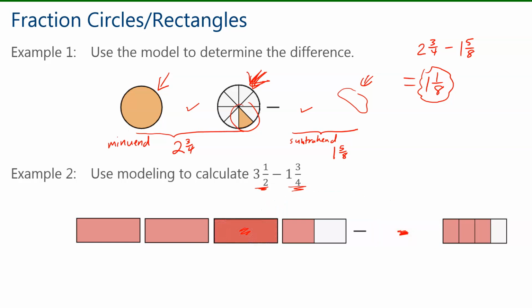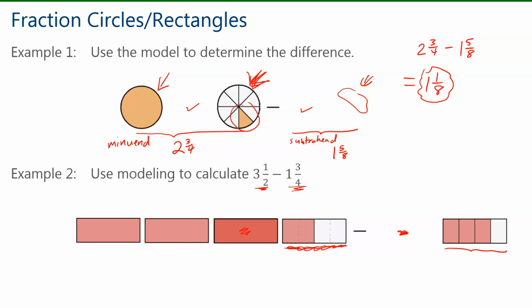Now we would probably want to think, well, what if we overlap this partially shaded whole from our subtrahend with this partially shaded whole from our minuend? Well, what I should do first is take the half piece and divide it into fourths. So I'm working with an equal number of sections.